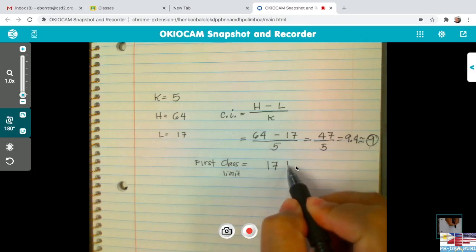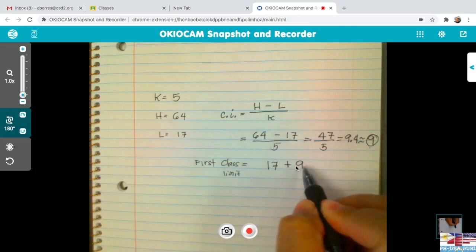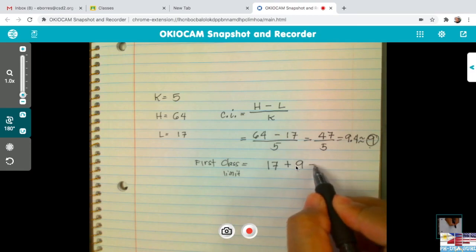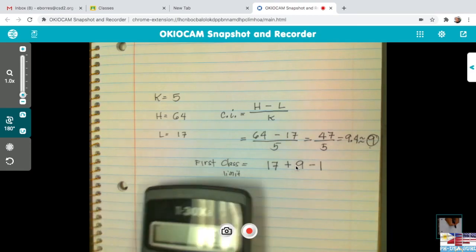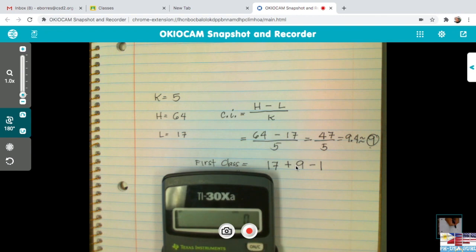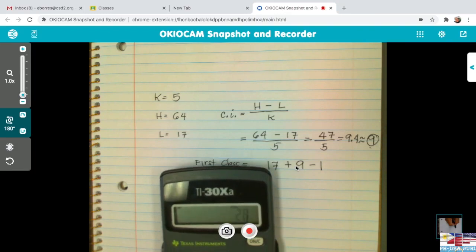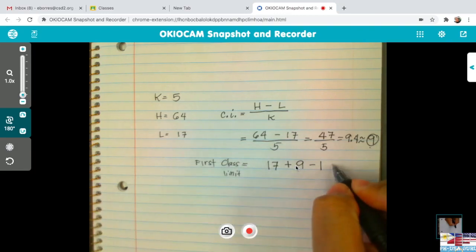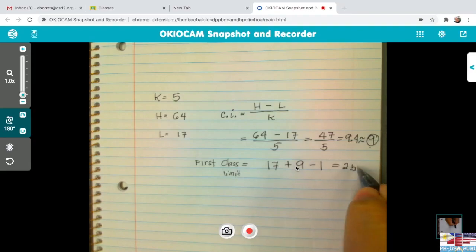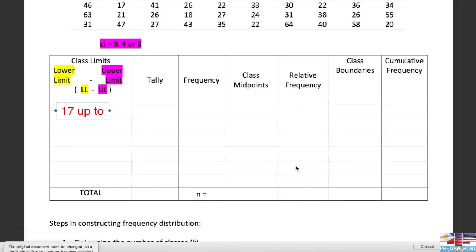So this will be 17 plus 9, then subtract 1. If we solve, 17 plus 9 equals 26, minus 1 equals 25. Given the table, our starting point is 17 up to 17 plus 9 minus 1, which is equal to 25.